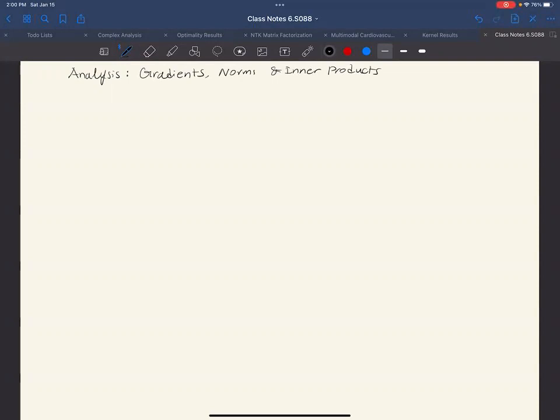Okay, so let's first of all begin with gradients, because one of the ways that we're actually going to train machine learning models in this course is by using something called gradient descent. So this is just an optimization method, a very standard optimization method for minimizing some loss function. But of course, we'll get into this in lecture 2 and 3.